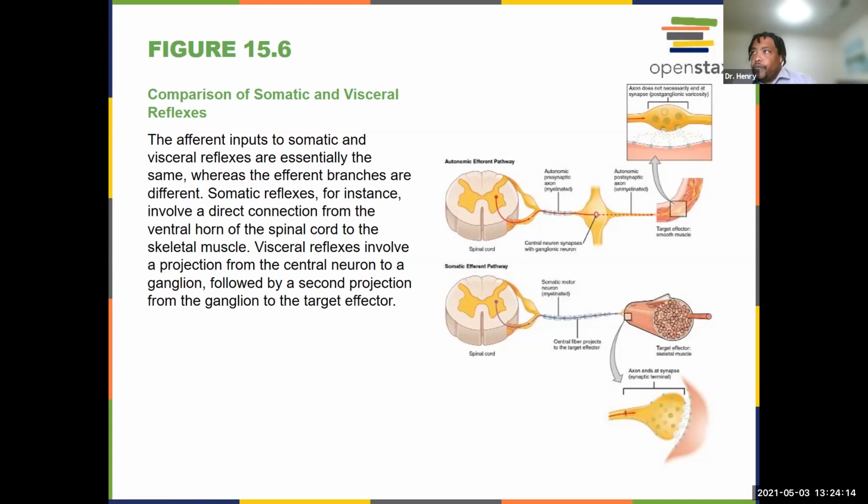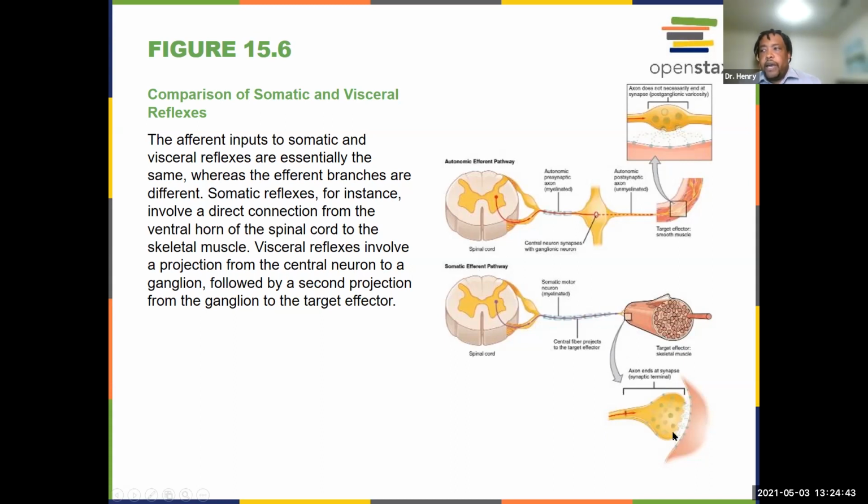And then in the somatic effector pathway, you're going from the spinal cord, and then you're going to end up going to a somatic motor nerve, and that somatic motor nerve is going to be going to skeletal muscle, directly connecting to the skeletal muscle.